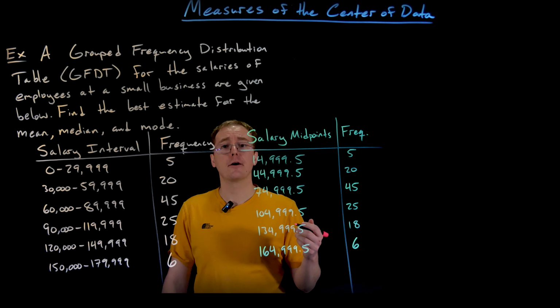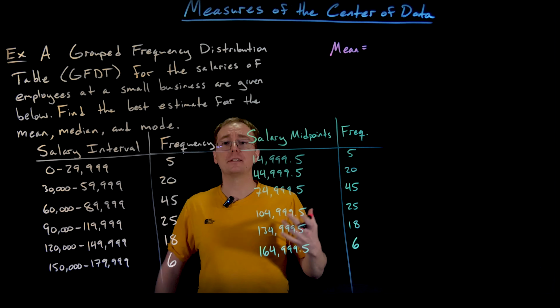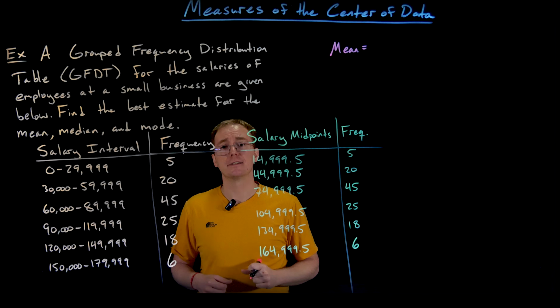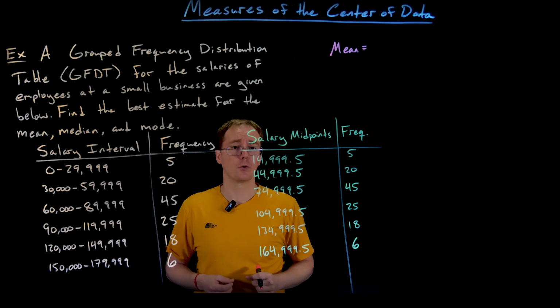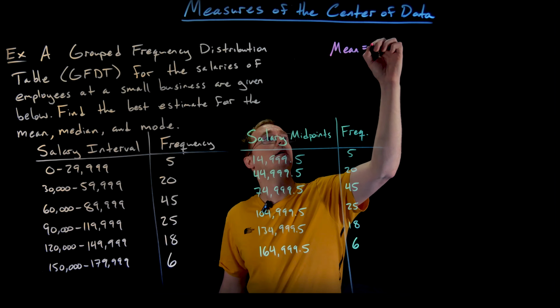All right, so if we want to calculate the mean or the average salary with this reformatted version of our data set, we just have to remember how to do that. We have to add up all these salary midpoints and then divide by the total number of points in our data set, or by the total number of employees. So we have 5 employees making $14,999.5 on average.